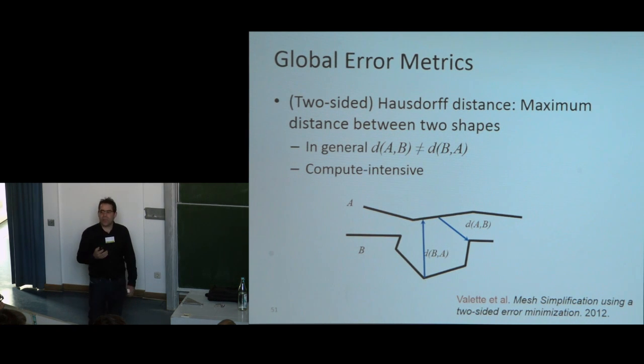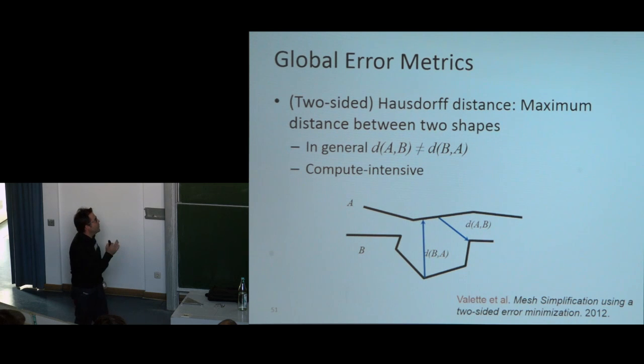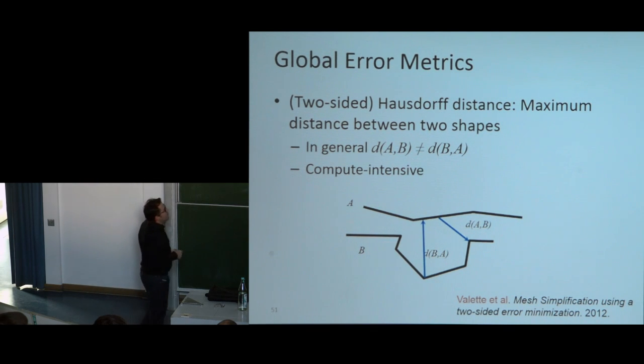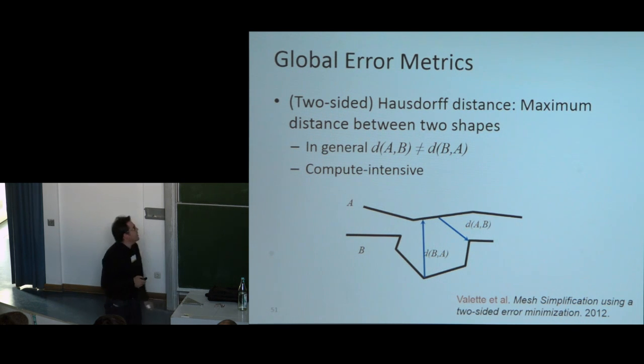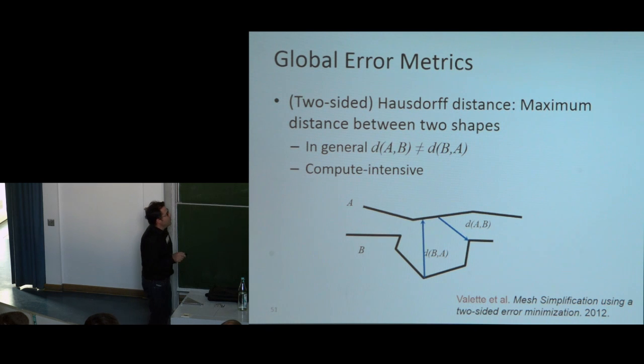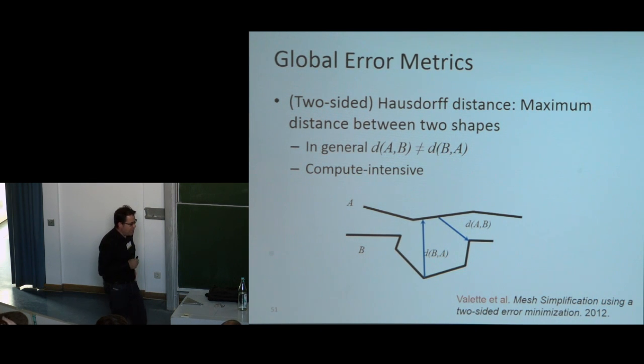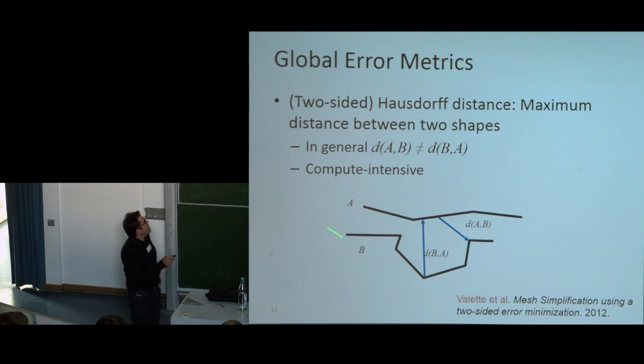In some cases, also the features, although it's not really clear it is better feature preserving than other metrics. But in general, it's more powerful to be able to prove things, to bound the deviation in the two directions, but it's usually much more compute intensive.